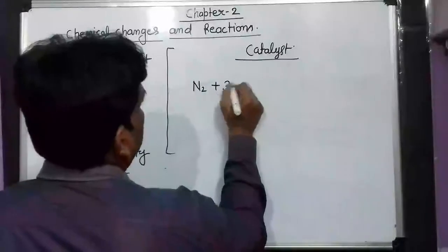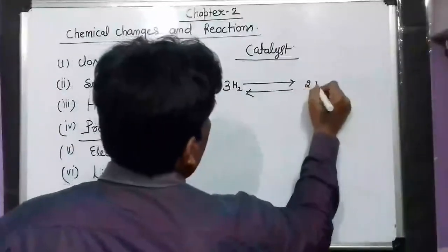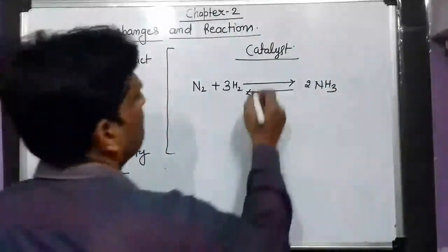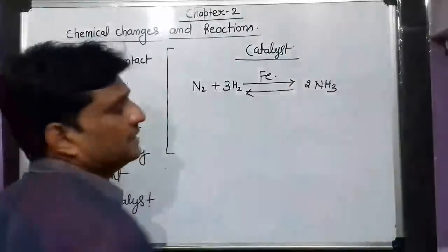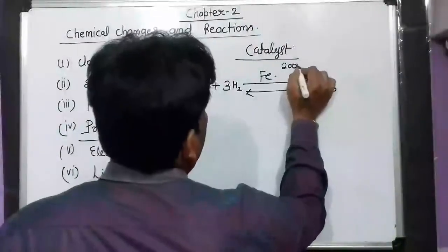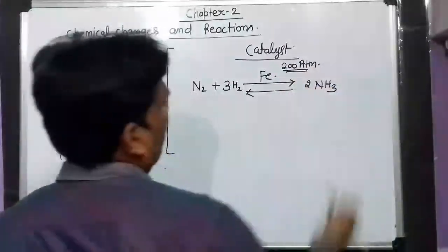An example is N2 plus 3H2 equals 2NH3. This is ammonia, and Fe is a catalyst, with above 200 atm pressure.